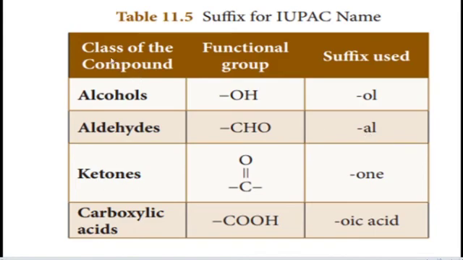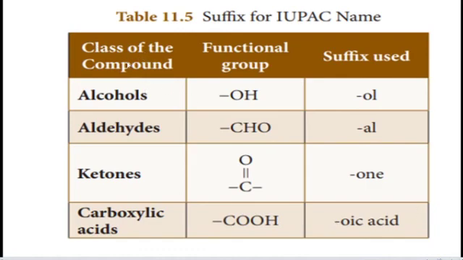Then the class of the compound is ketones. CO is the functional group, and it ends with the suffix ONE. Then carboxylic acid, the functional group is COOH. The word ends with OIC acid. That is the suffix word OIC acid.